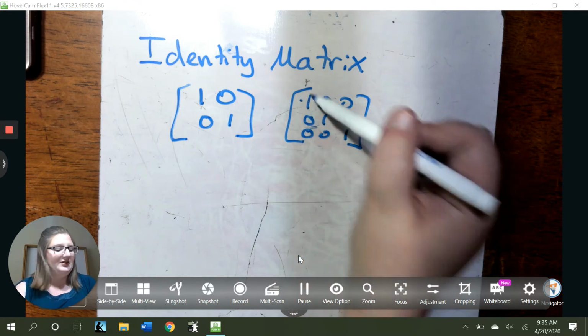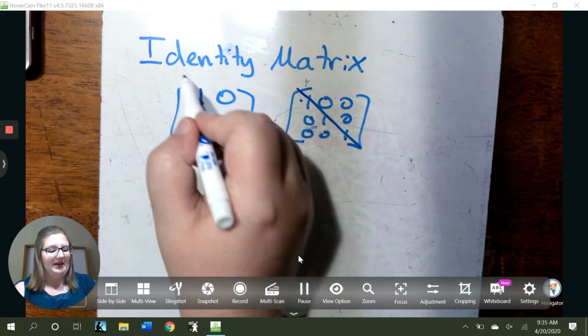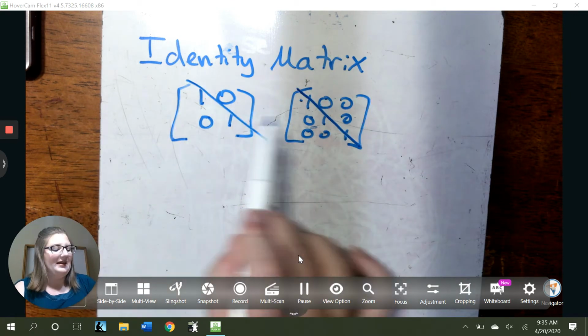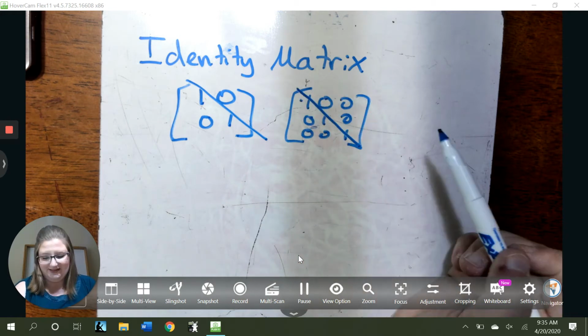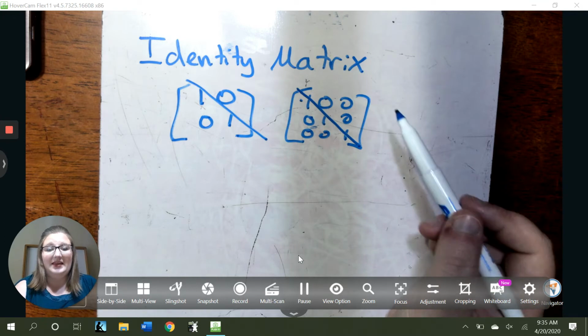So this diagonal line would be called the main diagonal, and that main diagonal is all ones, and everything else in the matrix is zero. That would be the identity matrix.